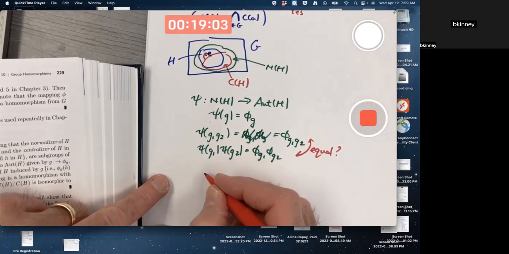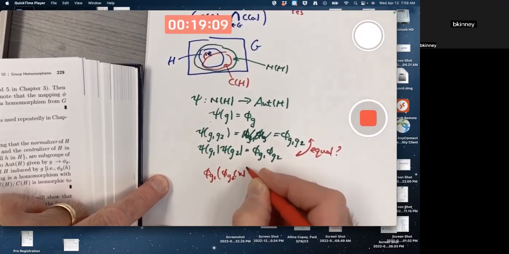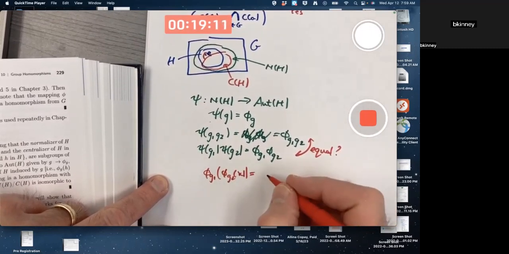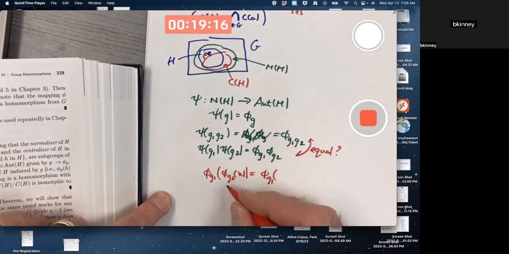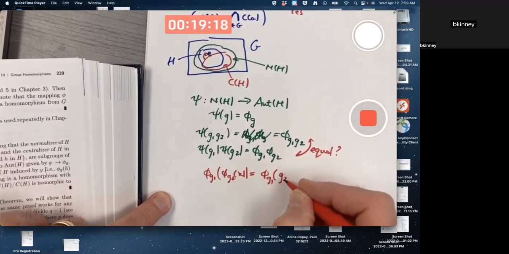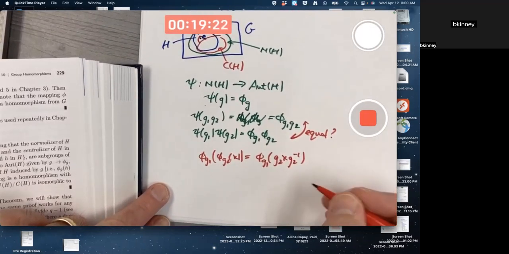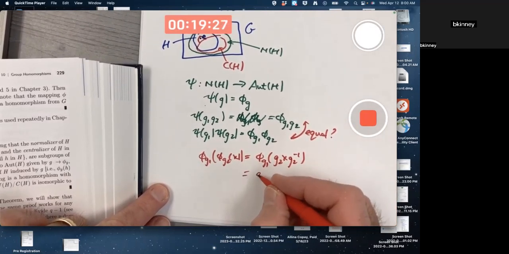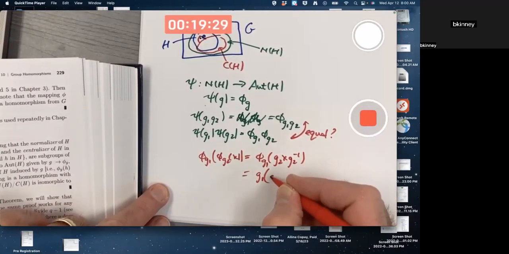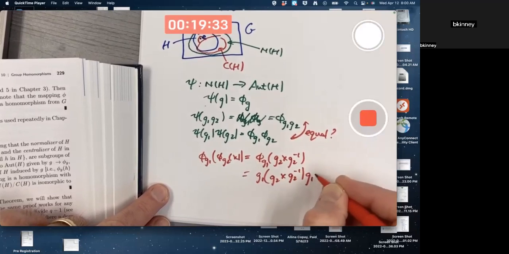For example, phi g1 compose phi g2 of an element x. I'm talking about inner automorphisms here, so I have to use the formula. Phi g2 of x is g2 times x times g2 inverse. And then if you plug that into phi sub g1, you get g1 times this thing times g1 inverse.